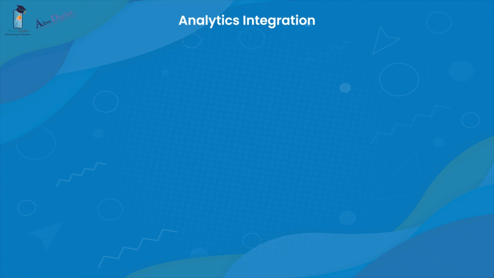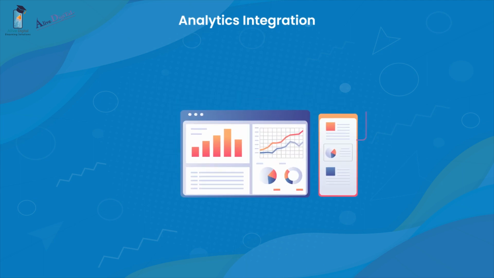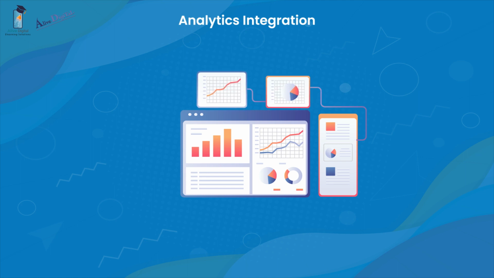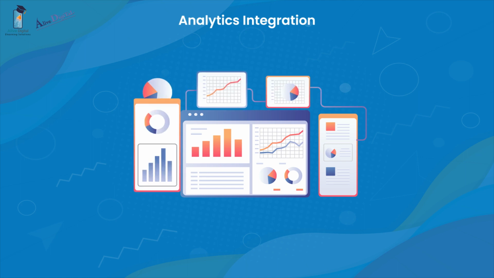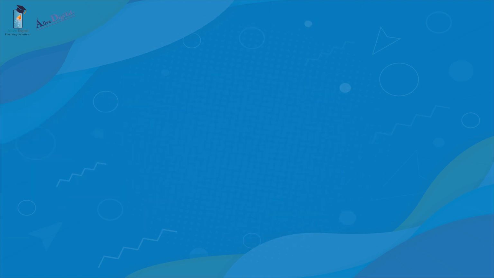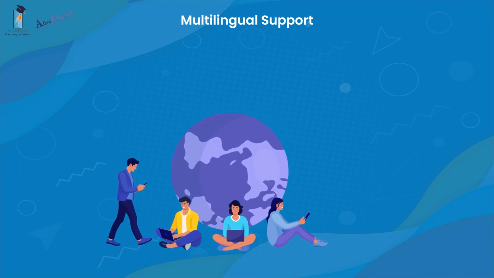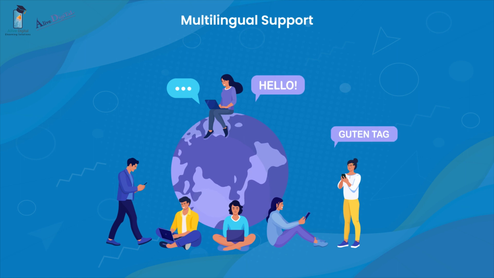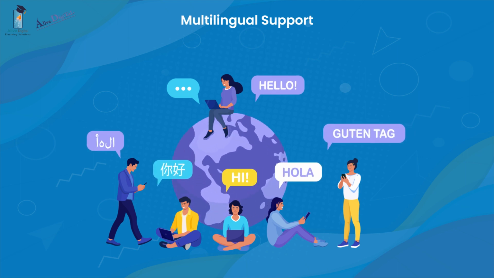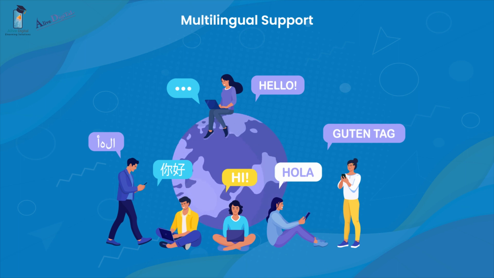Analytics integration. You can easily integrate analytics tools like Google Analytics to monitor your website performance, track user behavior, and make data-driven improvements. Multilingual support. WordPress offers multilingual capabilities, allowing you to reach a global audience by creating content in multiple languages.